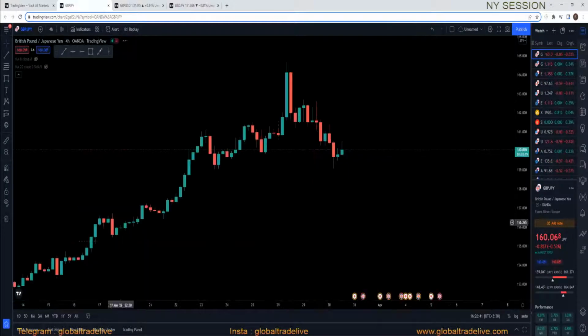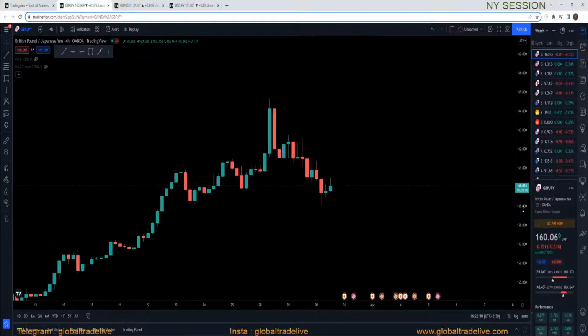And after the daily, let's talk about the 4 hour. The 4 hour looks like it's just retracing, and now it will make some continuation move to the downside.